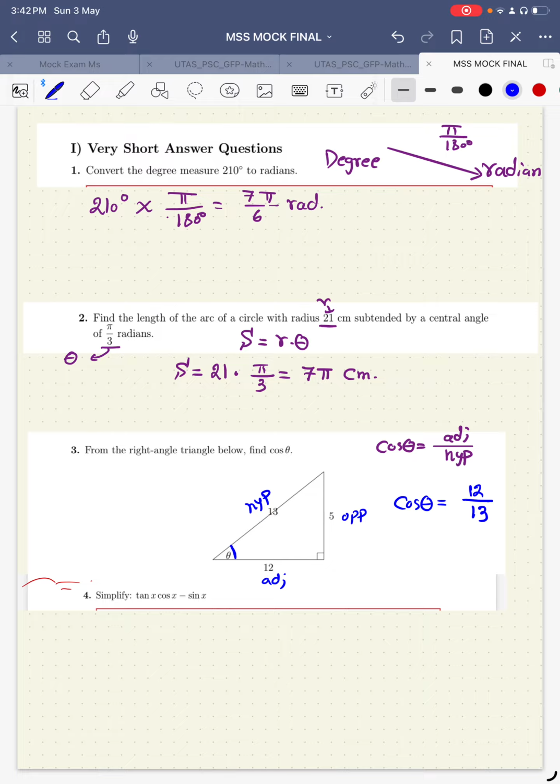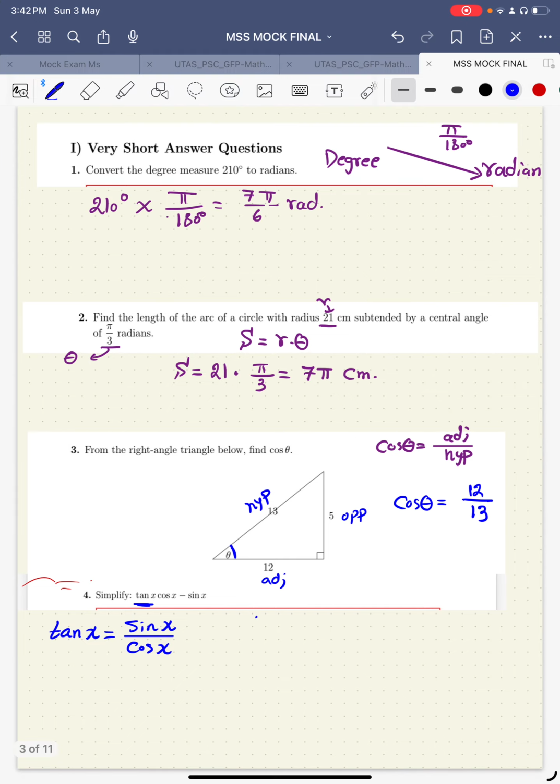In that case, what is not sine or cosine? Tan here. So I know that tan of x equals sine of x over cosine of x. So I'm gonna simply replace tan of x with sine of x over cosine of x.